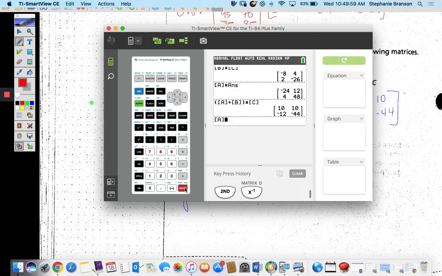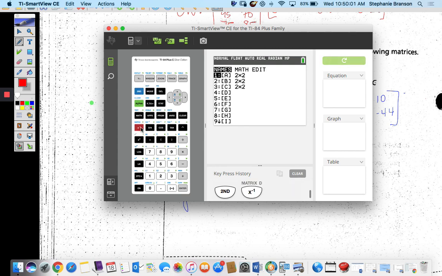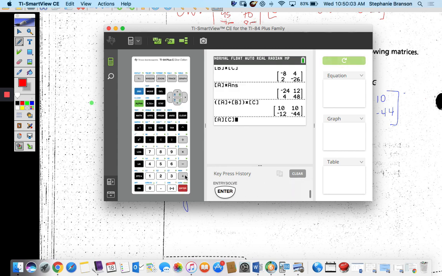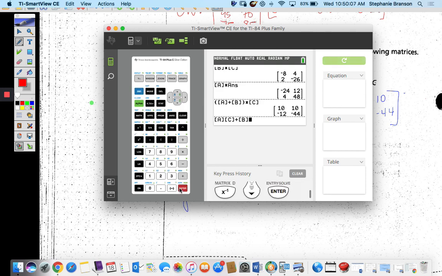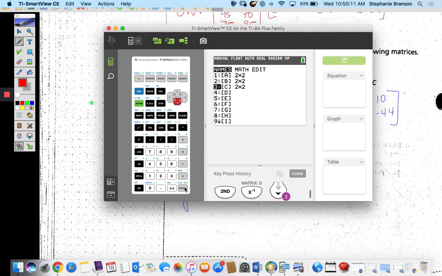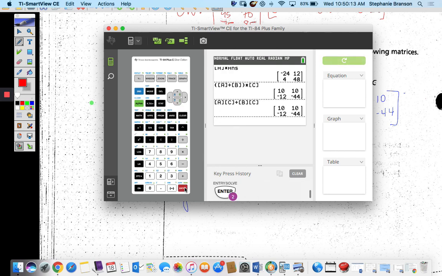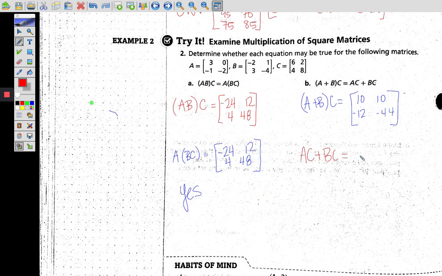Second matrix, A, C plus B, C. And did we get the same matrix? Yes, we did. So they are also equivalent.